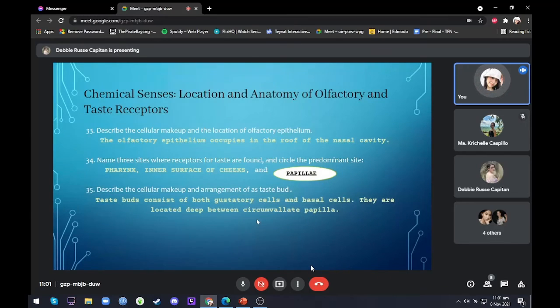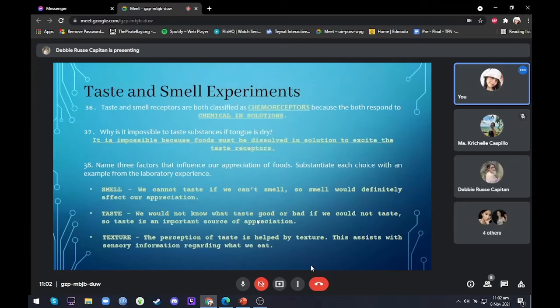Number 35, describe the cellular makeup and arrangement of taste buds. So taste buds consist of both gustatory cells and basal cells. They are located deep between circumvallate papillae. Number 36.